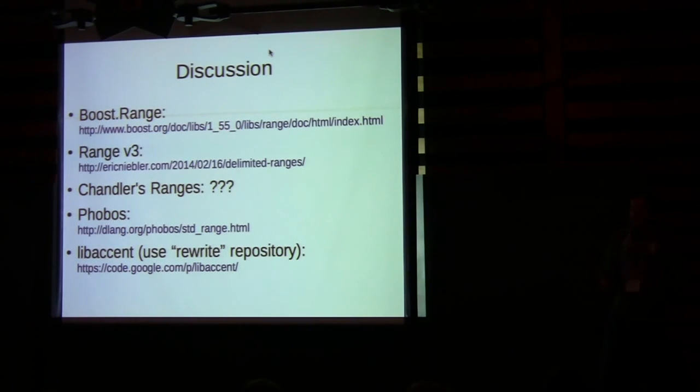To answer the one question, no, not everything looks nicer with ranges. A backtracking regex scanner does not look nicer with ranges. It's probably less efficient with ranges. Many things look nice, especially algorithm implementations; some look nicer, some look less nice.